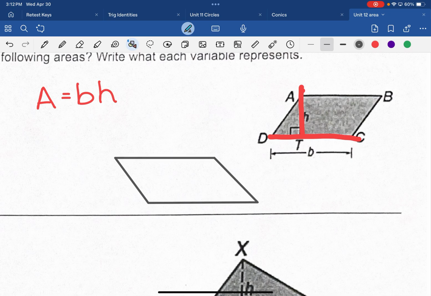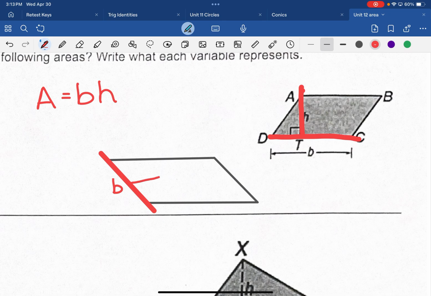Okay. But instead of the bottom being the base, let's say that this side was the base right here. Well, how is that going to change my height? Right, the height's going to go horizontal. Now, this is kind of hard for me to draw, so bear with me.